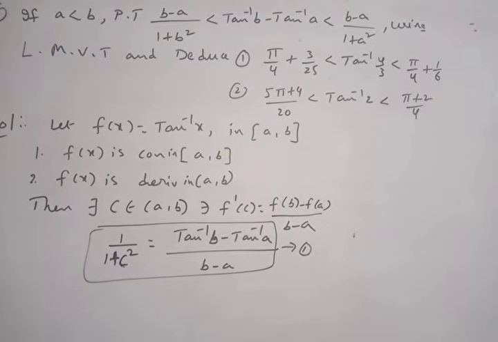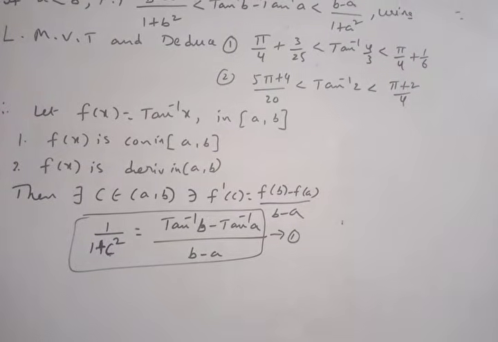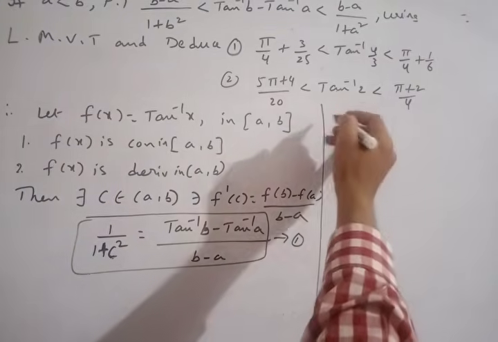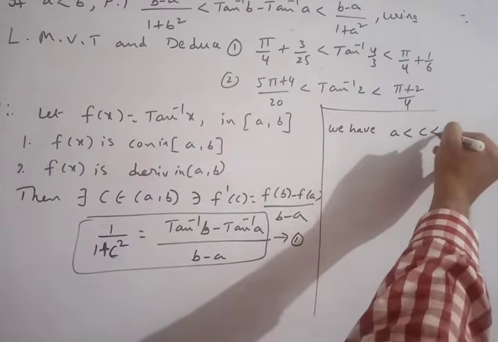Now what you have to show is that c belongs to a comma b. This is actually a little bit of a big problem. We have c belongs to a comma b, so a is less than c is less than b.